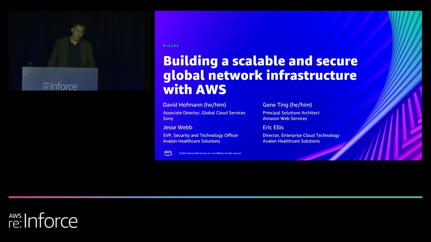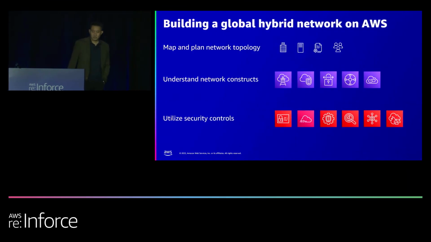So in this session today, we'll be talking about how you need to think about how to build a hybrid global network infrastructure on AWS and how to secure it as well. Planning out a global hybrid network on AWS starts with mapping out the locations and the resources that you need to consider in order to understand your networking and security requirements.